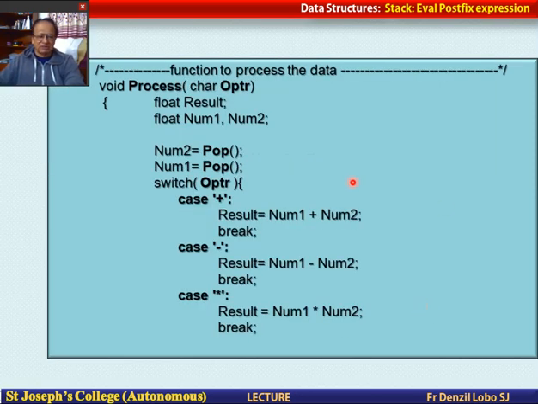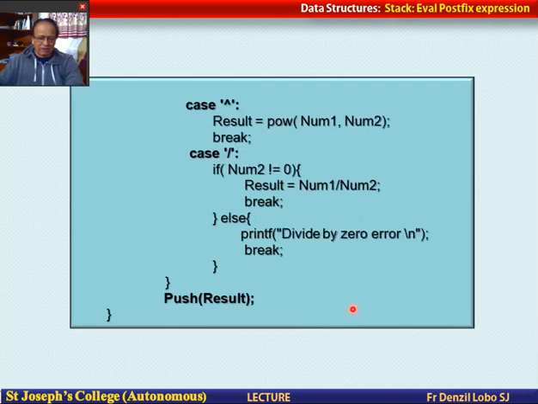So these are the two functions. We come to the process function, which takes in the operator as the parameter and pops two numbers, number 2 here and number 1 here, and we use the switch statement. If it is plus, you find the sum. If it is minus, you deduct number 2 from 1, and if it is multiplication, multiply these two numbers.